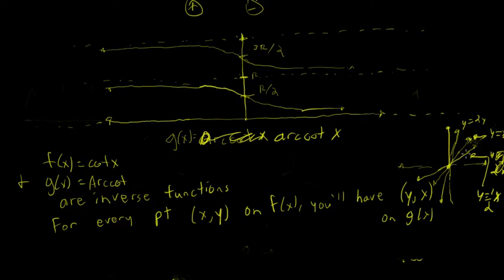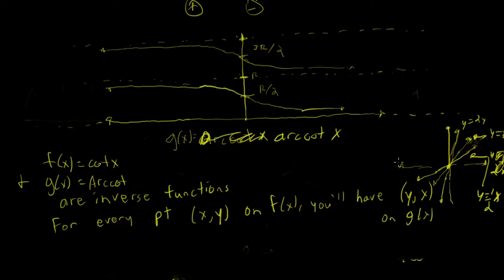These are inverse functions, and you'll see to get one from the other, you flip over the line y equals x. Flip this over that line. So every point here, there's a point here. They both go through the origin. These points would be x, y, and these points would be y, x.